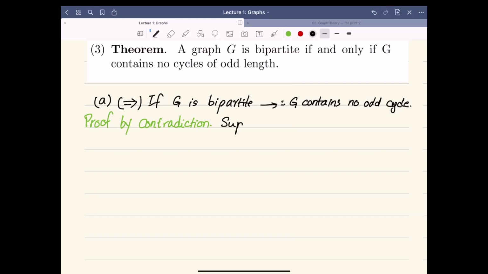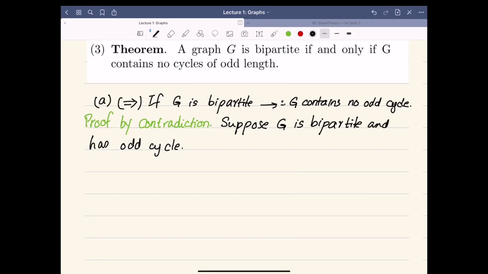Suppose G is bipartite and has an odd cycle, because the conclusion says that G has no odd cycle. Assume we have one, which is sufficient for the proof.